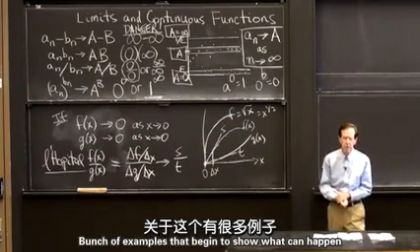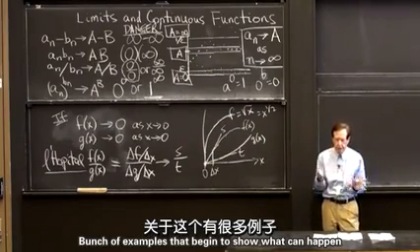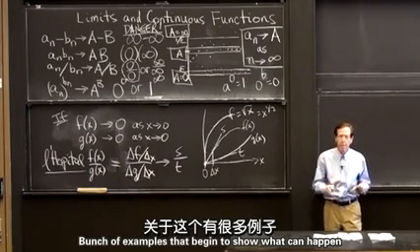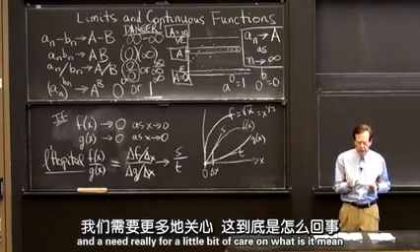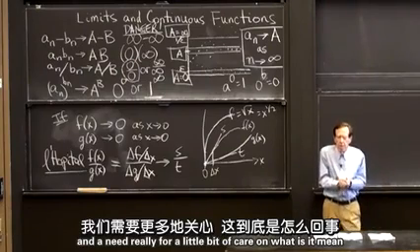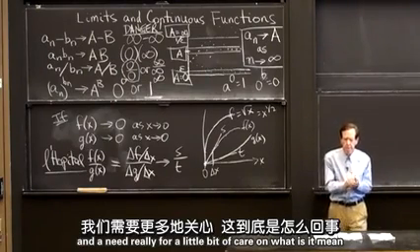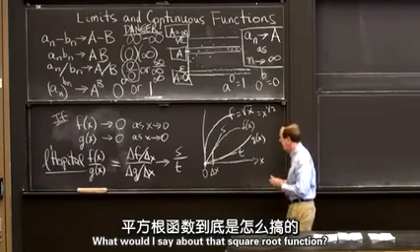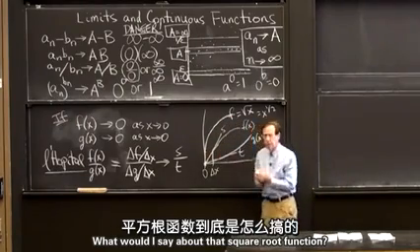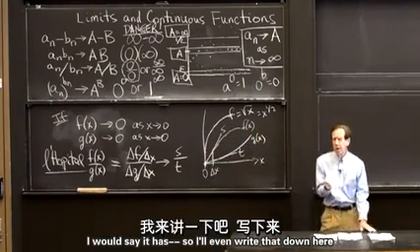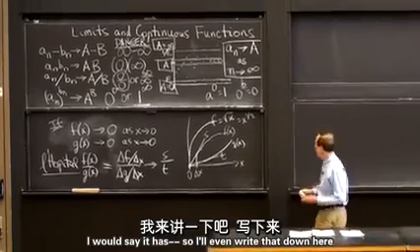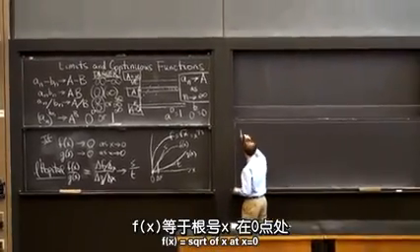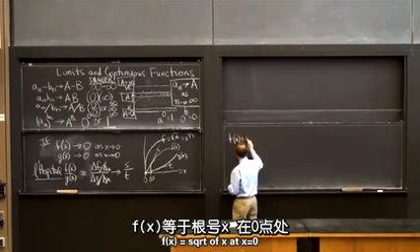Okay, a bunch of examples that begin to show what can happen and the need really for a little bit of care on what it means. What would I say about that square root function? I'll even write that down here. f of x equals square root of x at x equals 0.